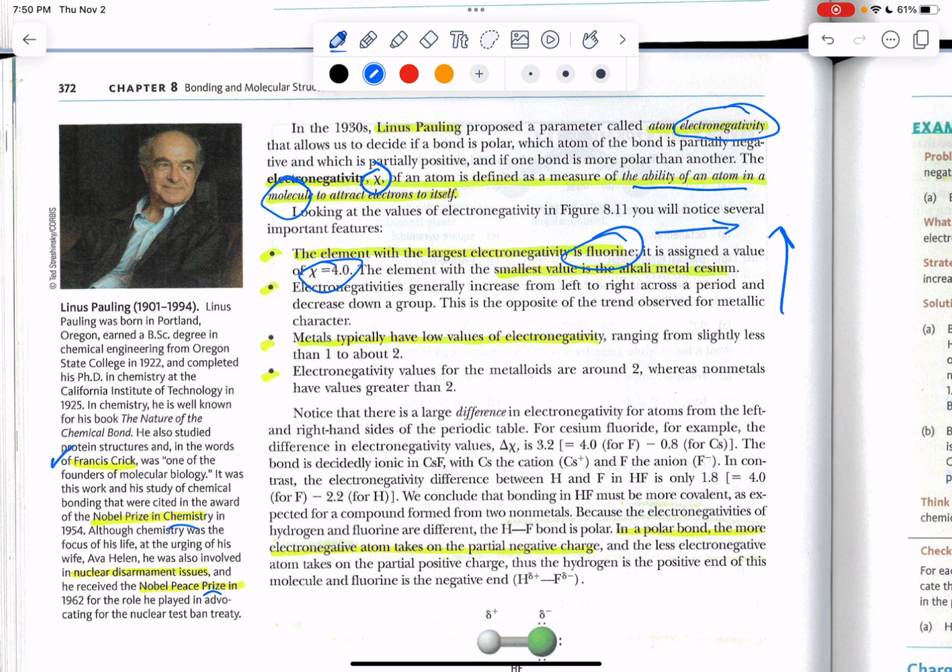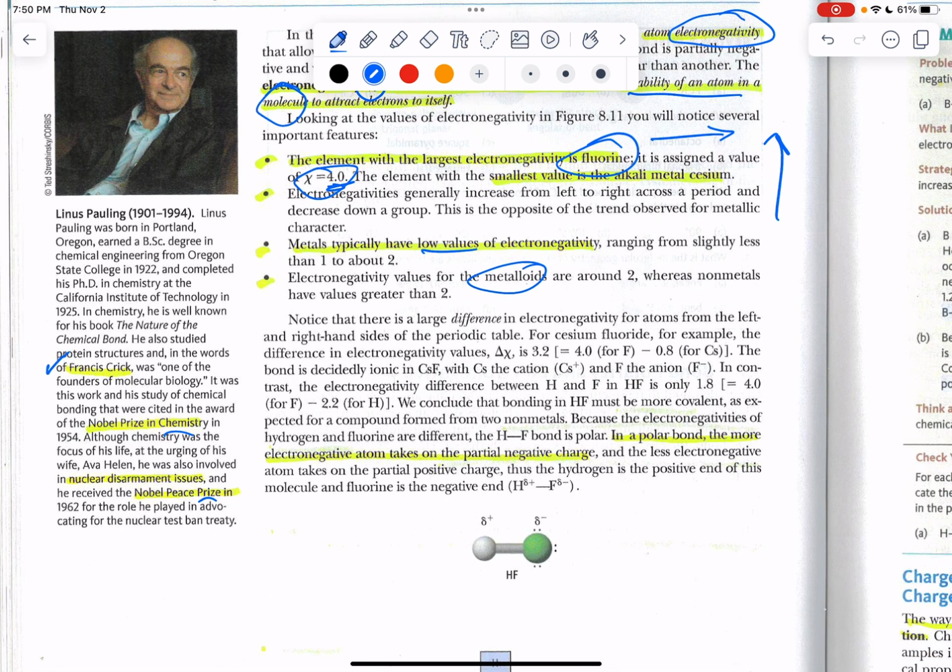Let's look at the third bullet point. Metals typically have low values of electronegativities, which is why when you combine them with nonmetals, you have such a large electronegativity difference. And the electronegativity values for metalloids are somewhere in between the small numbers of metals and the large numbers like 4 and 3.5 and 3 for oxygen and chlorine of your nonmetals.